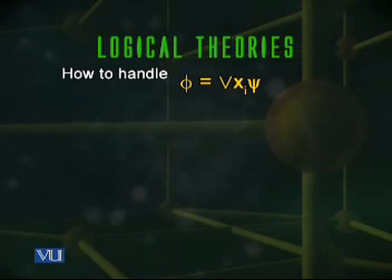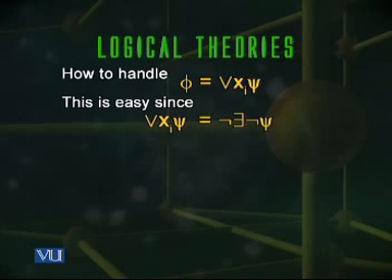What we can do is convert this formula into a new formula, which is not of there exists xi, not of psi. Using De Morgan's laws, which you must have studied, we know that these two formulas are equivalent.